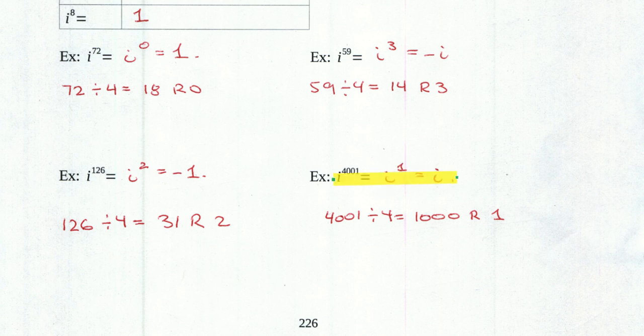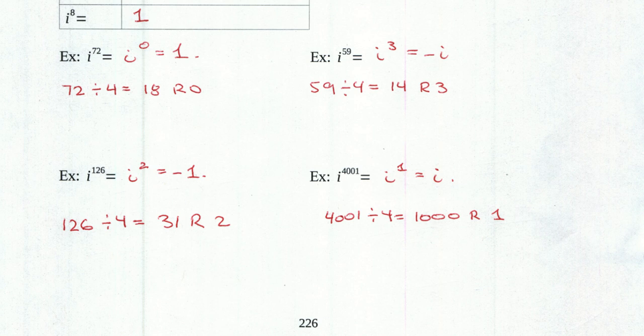So this is saying, rightly, correctly, that i to the 4001 power is just i. In other words, that 4000 part of the 4001 just took us around that circle, around the clock face, if you will, 1,000 times. It was the remainder of 1 that was interesting to us.